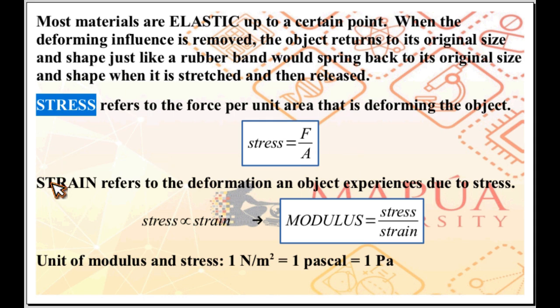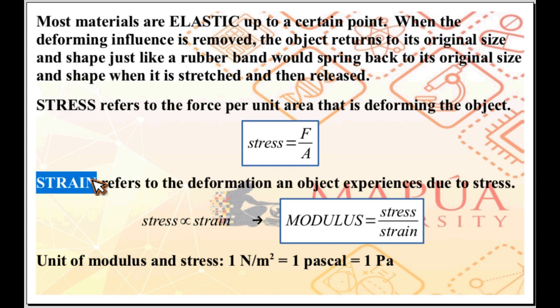And the resulting deformation experienced by the object is referred to as strain. Strain is a measurement of the deformation the object experiences due to stress. And stress and strain are proportional to each other.